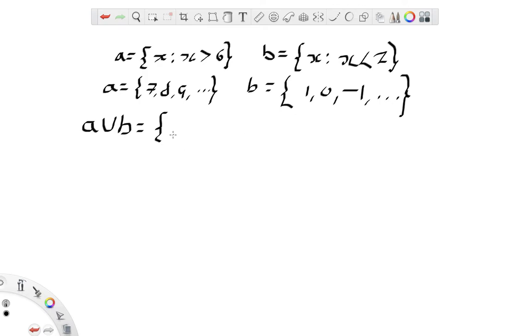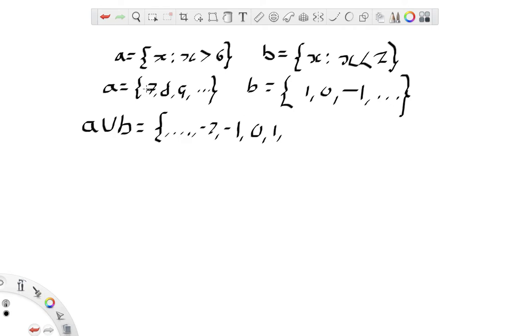So if I start writing this, if I just put a dot, dot, dot to begin with, we can have minus 2, minus 1, 0, 1. Can we have 2, 3, 4, 5, and 6?